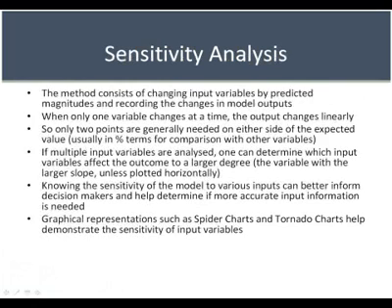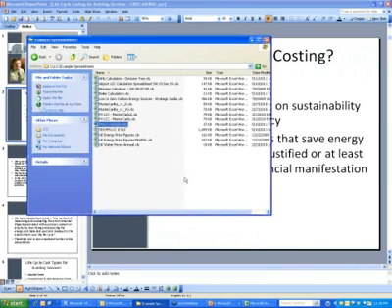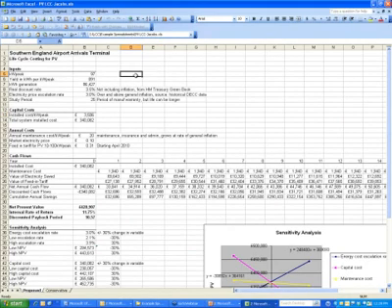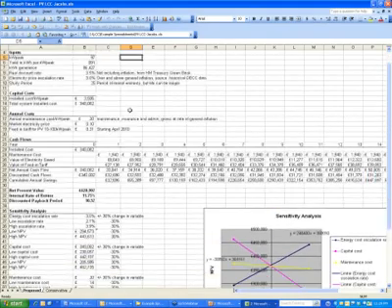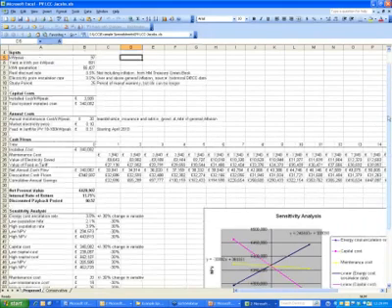Let's see, I've got a sensitivity example here as well. This is for looking at a PV array in southern England, and this was right when they started talking feed-in tariffs and we knew what kind of rates they were advertising.